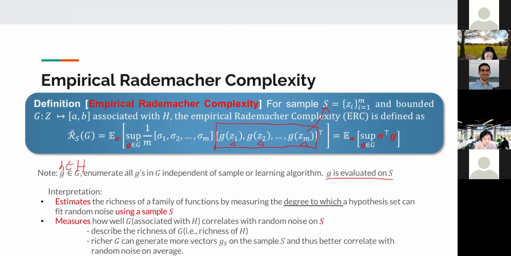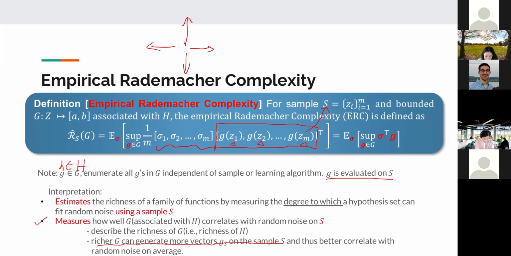Now let's look at this bullet point. It measures how well g, g is associated with h, correlates with random noise on S, and it describes the richness of G. If you're describing the richness of G, you're also describing the richness of H. The richer G can generate more vectors g_S on the sample S. Like I said, this sigma could have many different directions.